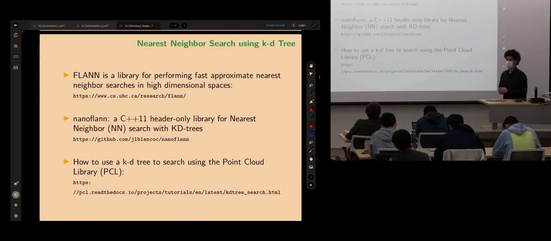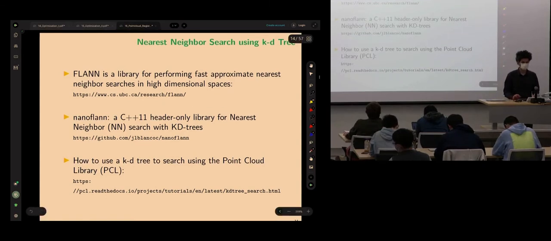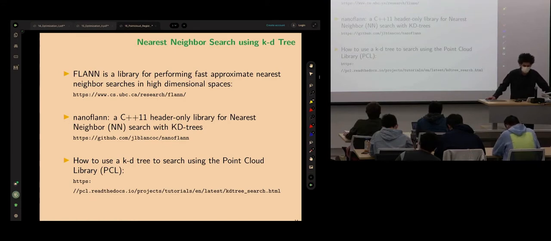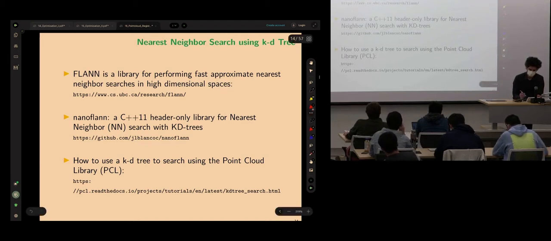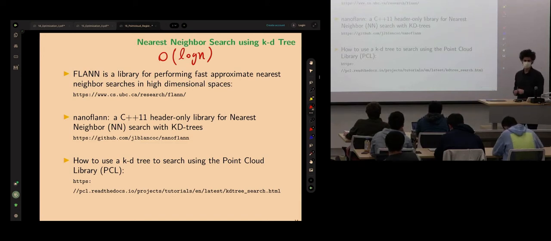So how do we get the nearest neighbor points? A particular algorithm that is used in practice is called KD-tree. KD-tree is a data structure that partitions the space into different regions and allows you to search for the nearest neighbor, or query the nearest neighbor, in log n as opposed to linearly searching exhaustively over all possible combinations.